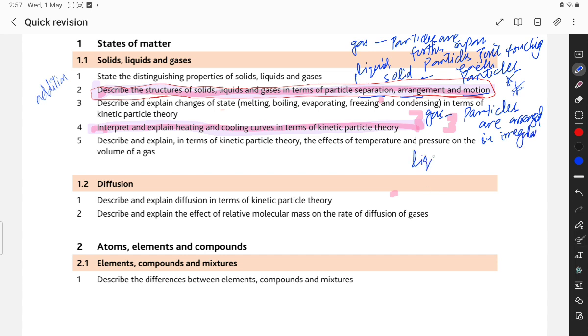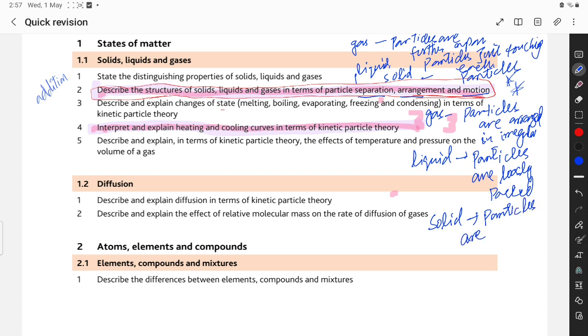In liquid, particles are loosely packed, and in case of solid, particles are tightly packed in a regular manner.